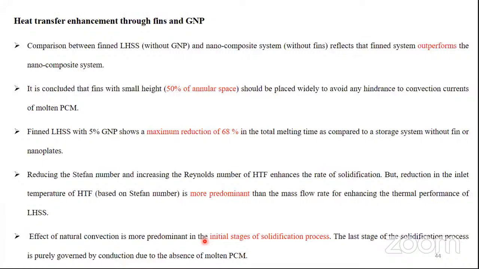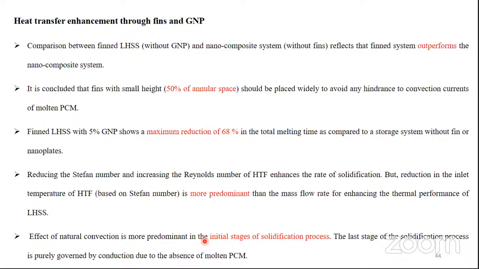When we are speaking about the heat transfer enhancement through the fins and graphene nanoplates, the comparison between the latent heat energy storage system with the graphene nanoplates nanocomposite system and the system with fins reflects that the fin system obviously outperformed the nanocomposite system.